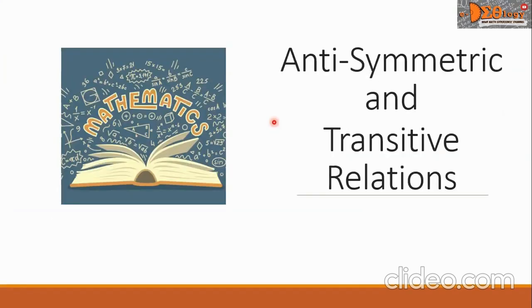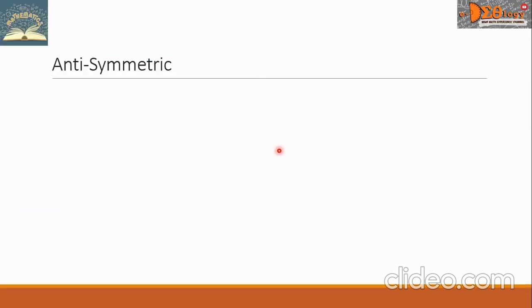We're going to study two properties of relations, and these are anti-symmetric and transitive. Let's begin with anti-symmetric.